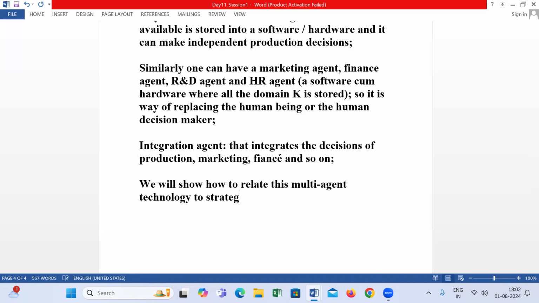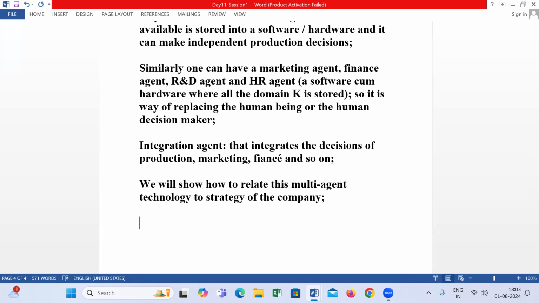My students have done research on this, and I'll be passing on the latest in this field to you in the next few lectures. So that is all about multi-agent systems.